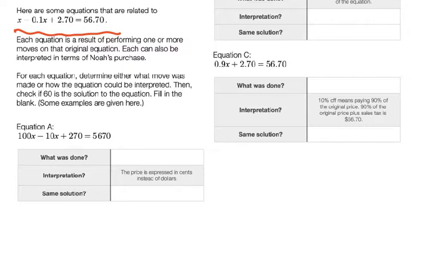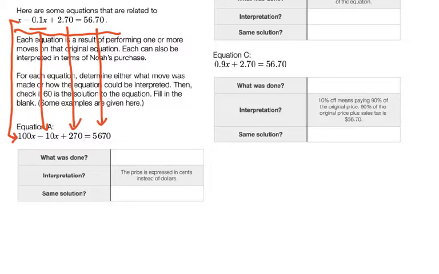instead of dollars. So the way I like to look at it is, if I look at x, what happened to x to go from x to 100x? What happened to 0.1x to go to 10x? What happened to $2.70 to get to 270? What happened to 56.70 to get to 5,670?